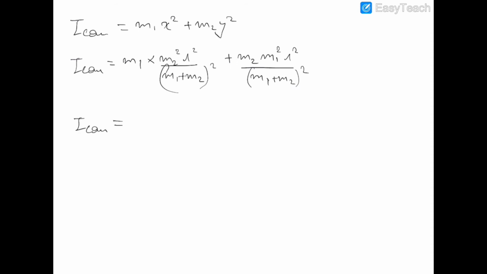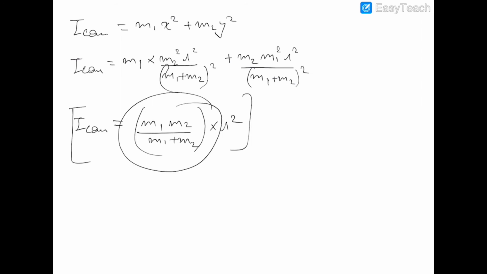Now I COM would be m1 m2 upon m1 plus m2 into r square, and this we call the reduced mass. So we can directly write down the moment of inertia of a system about their center of mass for a two mass system by using the concept of reduced mass, and we can directly learn the formula that reduced mass is equal to m1 m2 upon m1 plus m2.